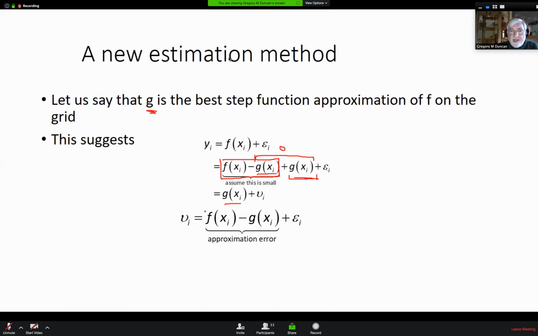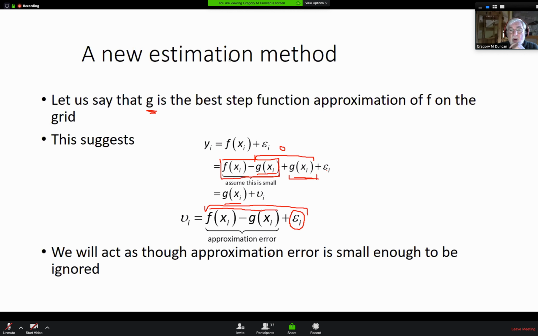And so my new error eta has 2 components to it. Thinking back to the last lecture now, it has an irreducible error, and it has a bias. So this approximation error gives you a bias. If you had a perfect model, G would equal F, and everything would be fine. So now we're going to act as though the approximation error is small enough to be ignored.